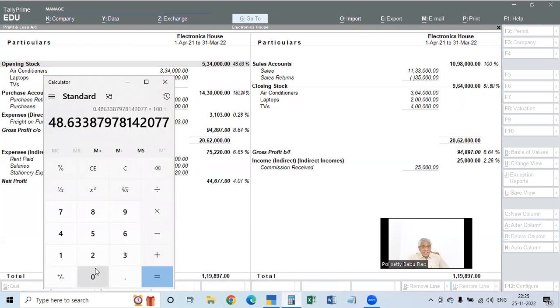So what is the percentage? 48.63. After the 3, if there is 5 or more, it will be rounded off and 1 will be added. Here it is only 3, so 48.63. Similarly, everything. Similarly, gross profit is very important.